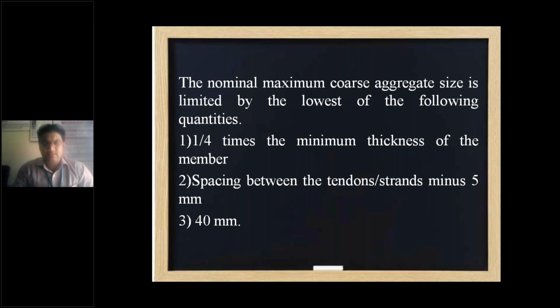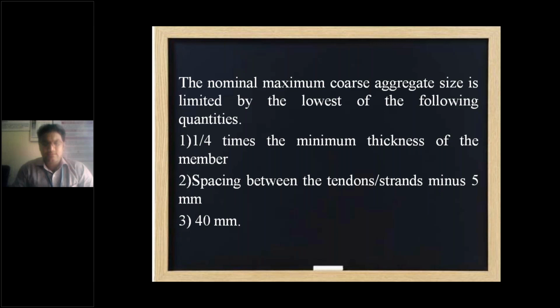The second one is the spacing between the strands or tendons minus 5 mm. A group of strands is called a tendon, right? I think you all know what a tendon is.